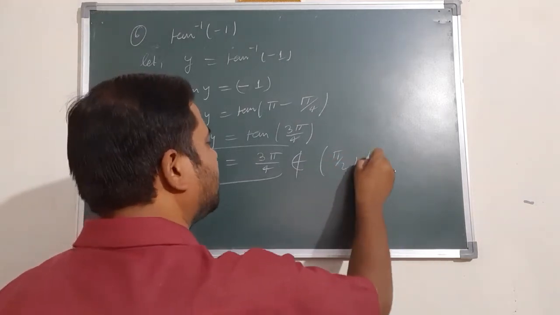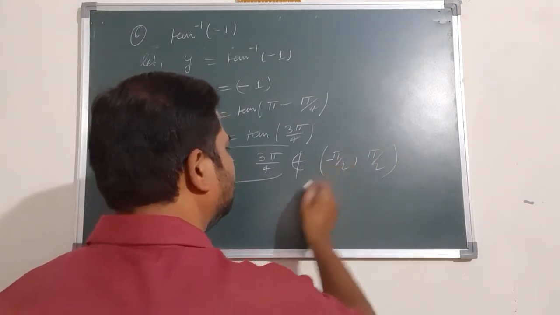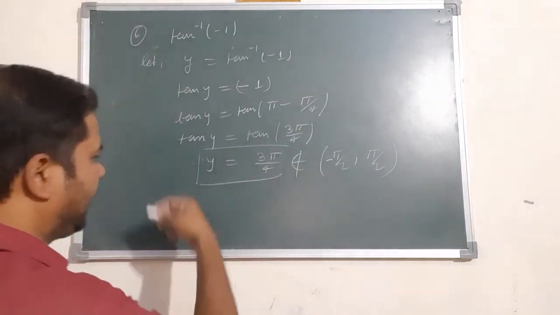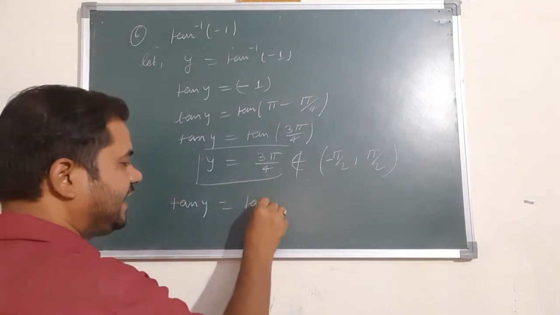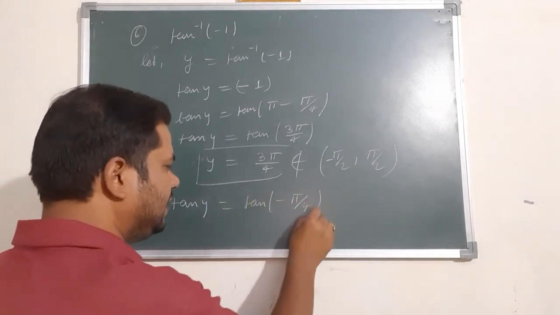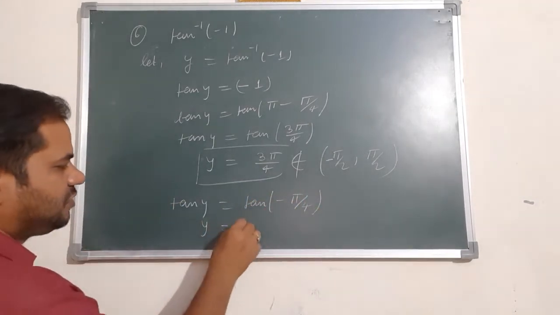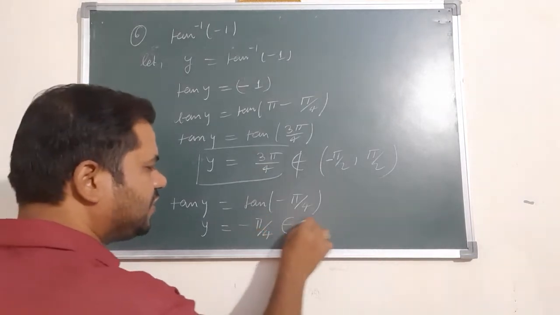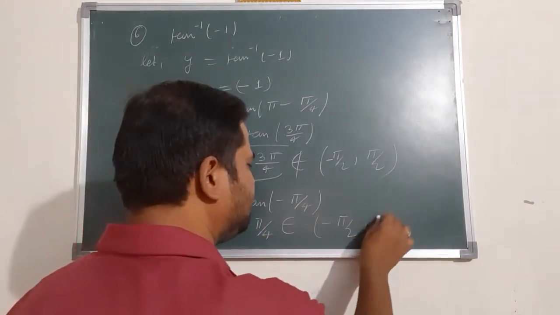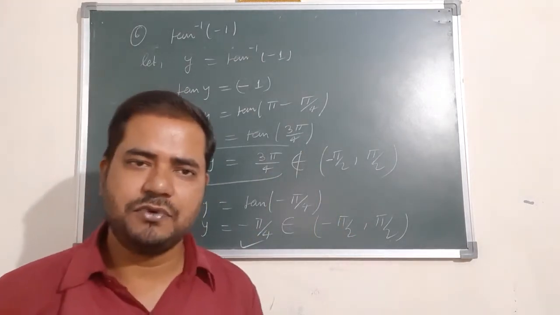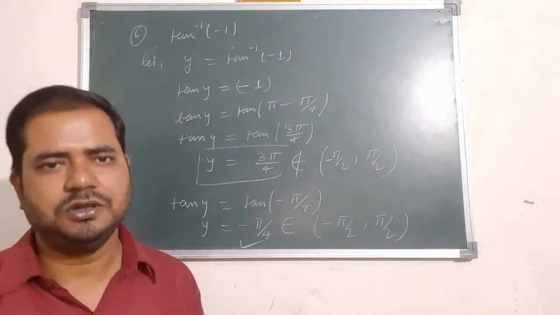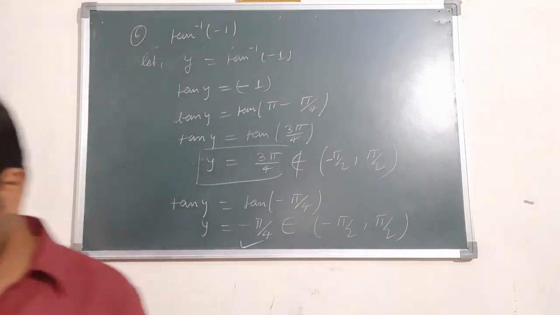So this is not the principal value. So what is the principal value? Again we check: tan y is equal to tan of minus pi by 4. So y is equal to minus pi by 4, and this belongs to minus pi by 2 to pi by 2. Hence minus pi by 4 is the principal value. So note it down.